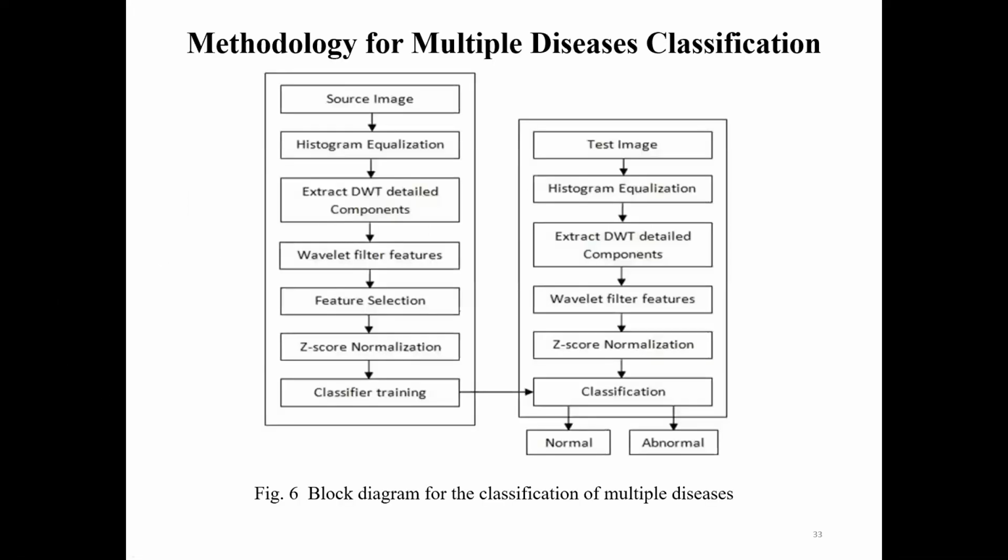And we'll discuss the development of an efficient wavelet based method. So what is the methodology that we adopt for multiple disease classification? First we'll take the biomedical source images, which consist of features that do not vary with modality.